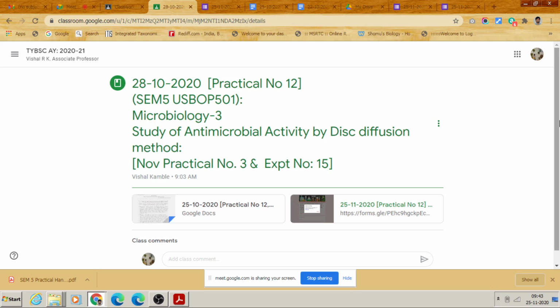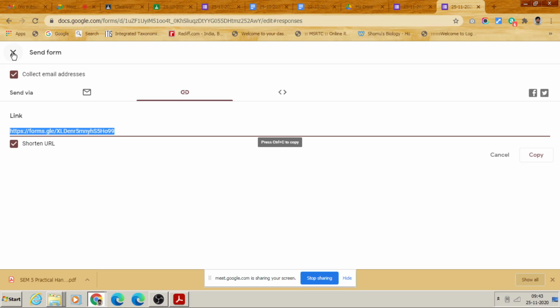Now another part I want to say is about the lecture. On record, at least your presence or engagement is expected by the office of the principal. So the attendance form has been prepared, and you are supposed to fill that attendance form and submit it. I'm providing you an attendance form for the lecture.